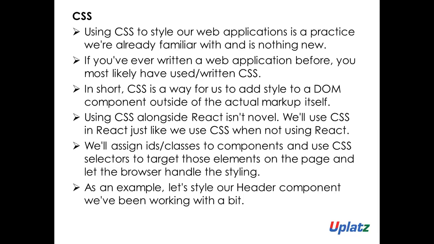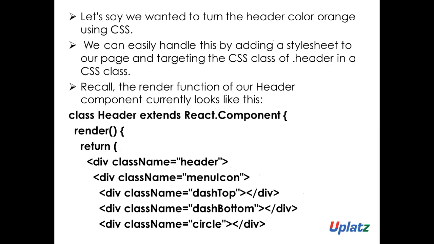So now I'm just going to add style to my header component and let's see how it works. Let's say we wanted to turn the header color orange with CSS. How can we do that? We can easily handle this by adding a style sheet to our page and targeting the CSS class of .header.